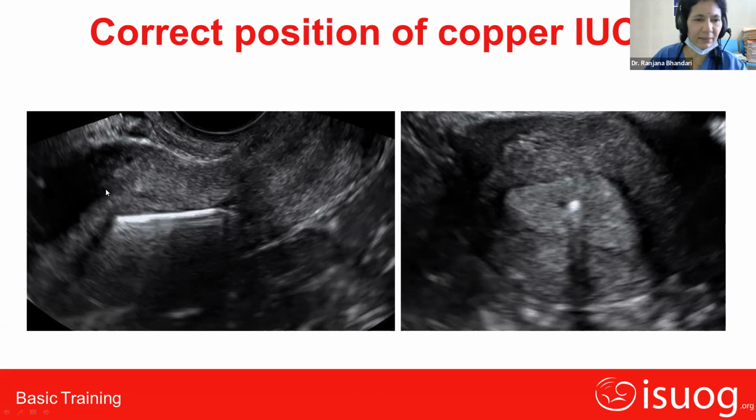This is the sagittal view. How will we do the transverse? I had told before, the sagittal view is when the marker is facing the 12 o'clock position, and transverse is when I put the marker towards the 9 o'clock position. So always remember how to do sagittal and transverse. When I put transverse, just one spot is seen along with the shadow.